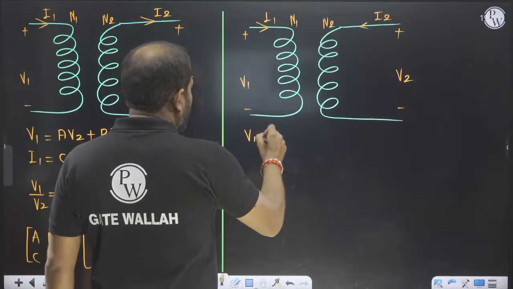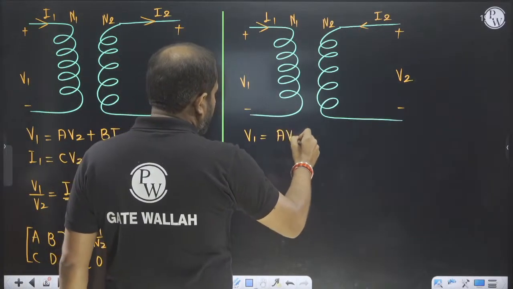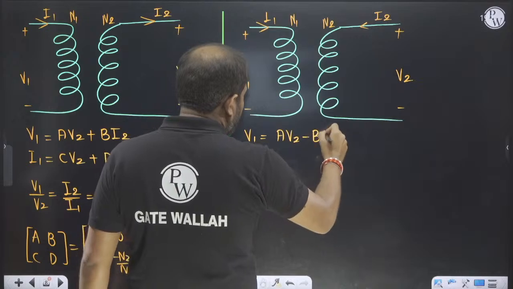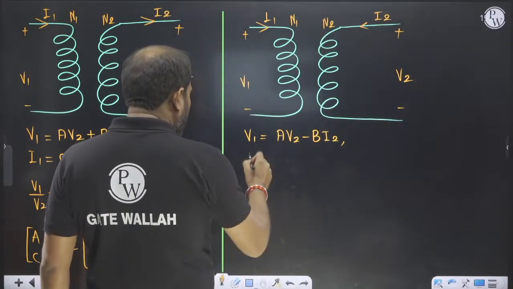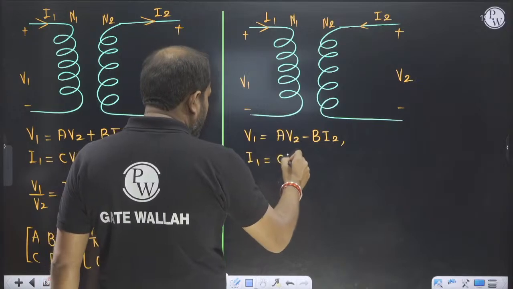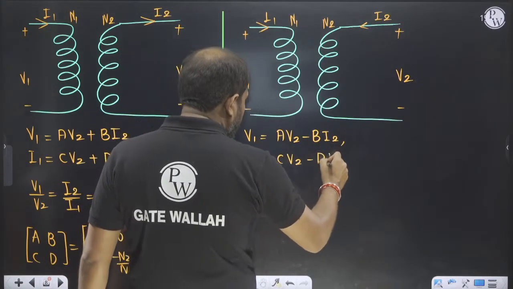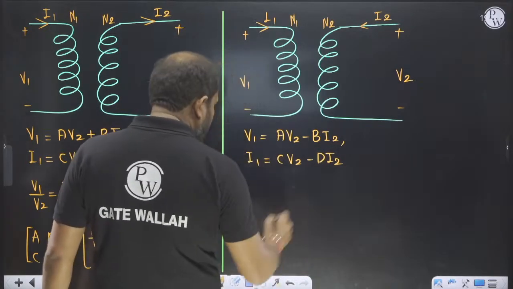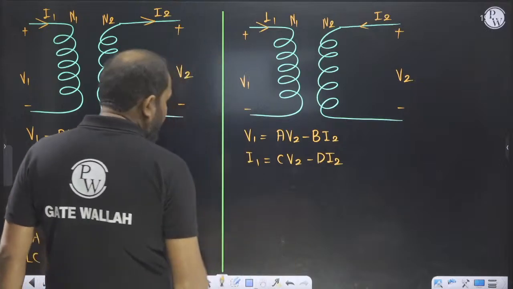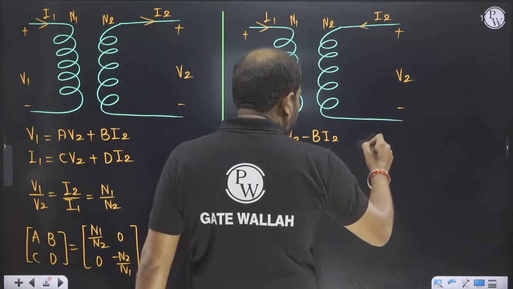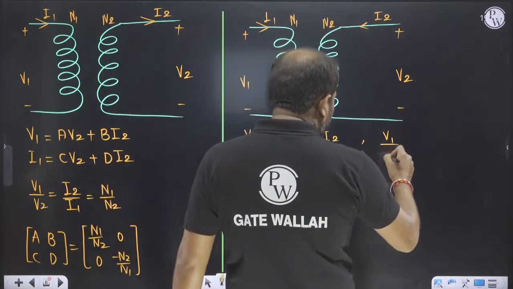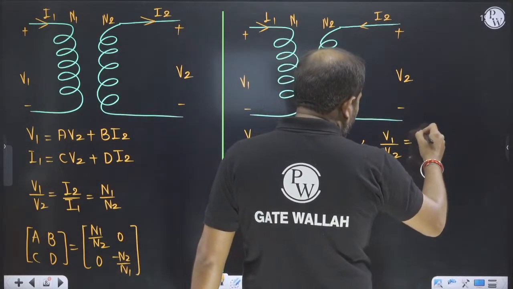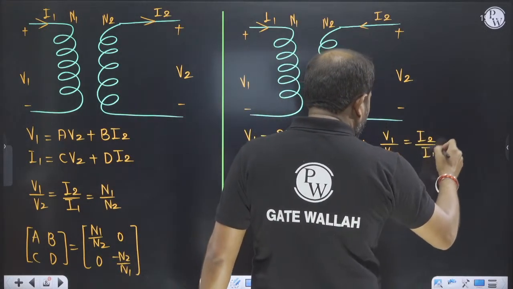In this case V1 is equal to A V2 minus B I2 and I1 is equal to C V2 minus D I2. And we have V1 by V2 equal to I2 by I1 equal to N1 by N2.